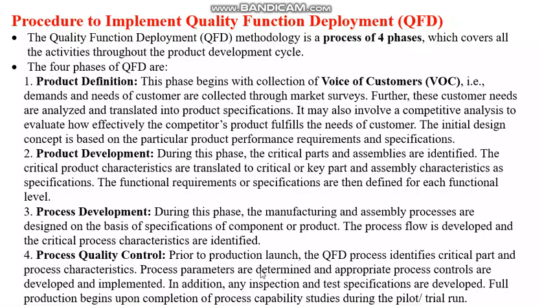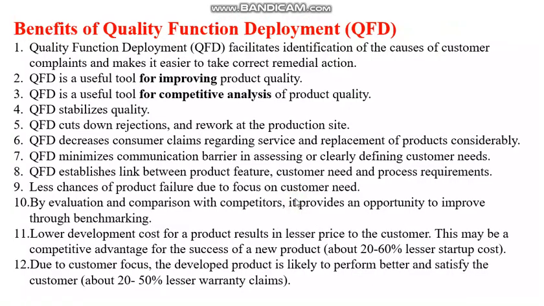Then process parameters are determined and appropriate process controls are developed and implemented. In addition, any inspection and test specifications, apart from the routine things, you have to design and develop. And then full production begins only upon the completion of the capability studies or the pilot run or the trial run. So these are the 4 stages of QFD.